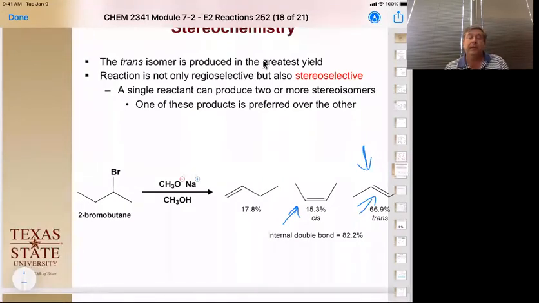So even though it can react to form all 3 products, our dominant isomer is going to be the more thermodynamically stable, which is the one that's internal and trans, or the most substituted and least sterically hindered.